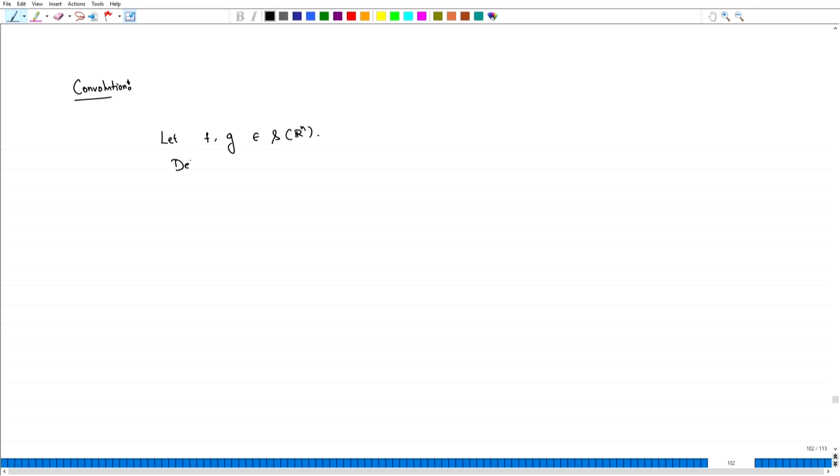Then define as usual f convolution g at x, which is equal to the integral over R^n of f(x - y) g(y) dy, which by the change of variable we can write as f(y) g(x - y) dy, which is again g convolution f, you can call it as you wish.